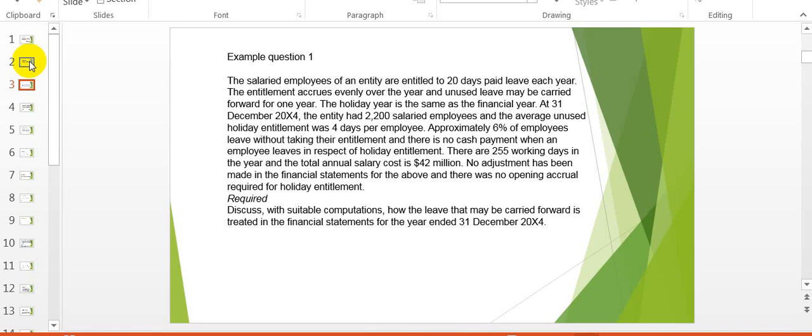The entitlements accrue evenly over the year, and unused leave may be carried forward for 1 year. The entity allows the employees to carry forward 4 days per employee as unused leave days to the following year.